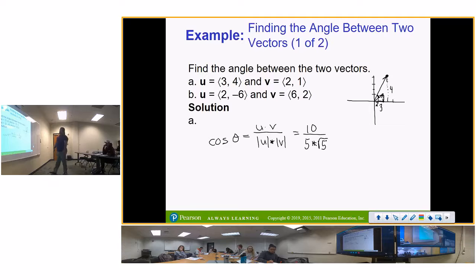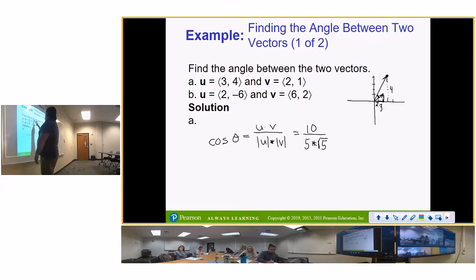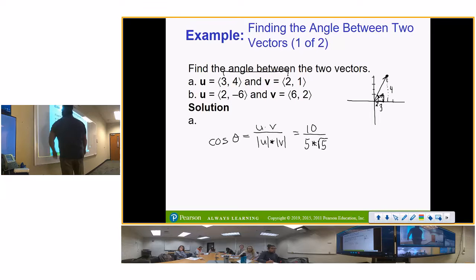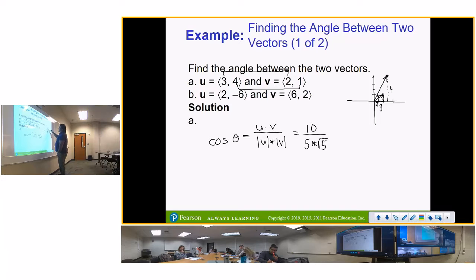How did you get that? I'm sorry. Using Pythagorean theorem. Okay. First of all, what's 3 times 2? 6. What's 4 times 1? What's 6 plus 4? That's U dot V. U dot V is 10. And then, what is the magnitude of U?